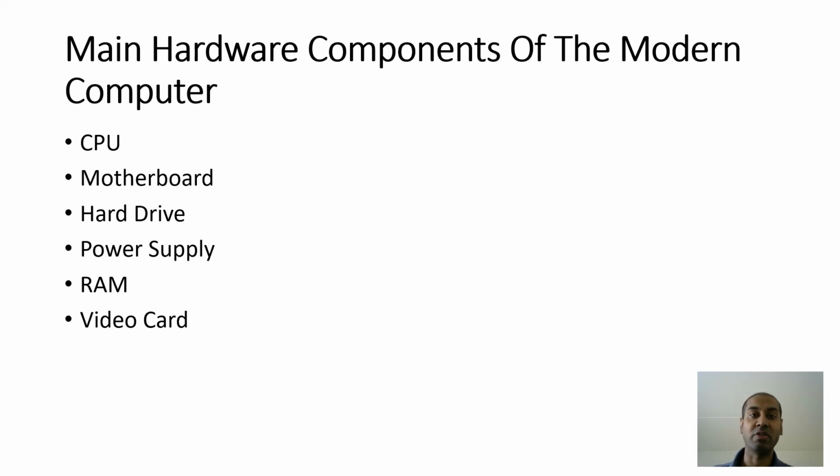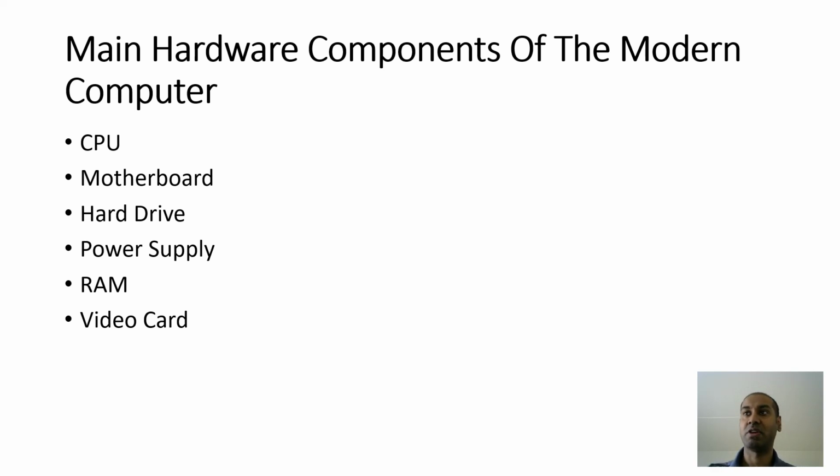Some people can argue because they have something called cache, embedded in the CPU, which will allow it to store a small segment of information. But we're not going to get into that now. For now, whenever someone mentions the CPU or central processing unit, think performing instructions and calculations.